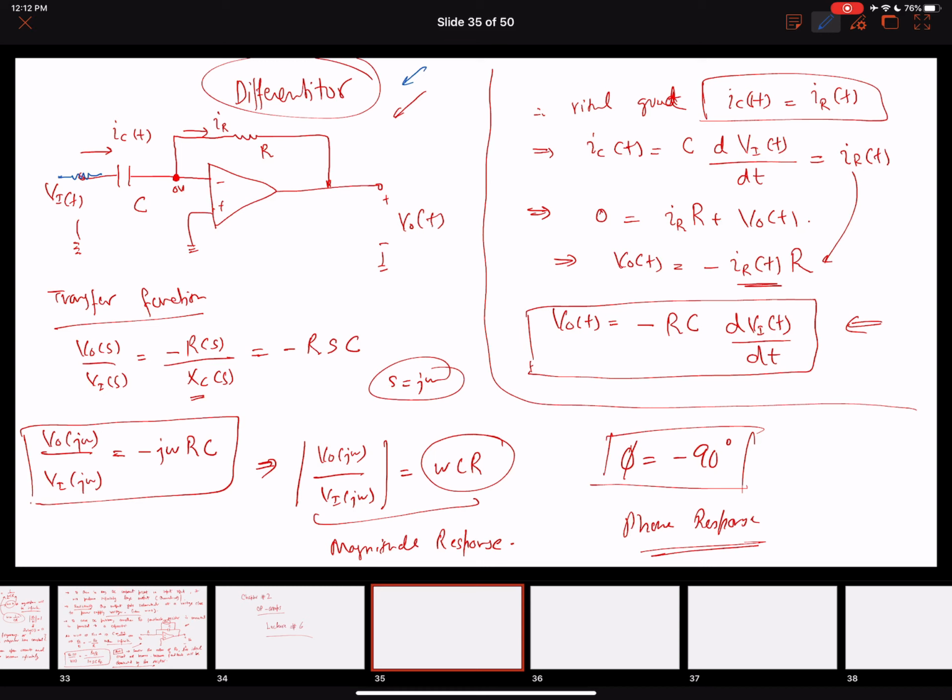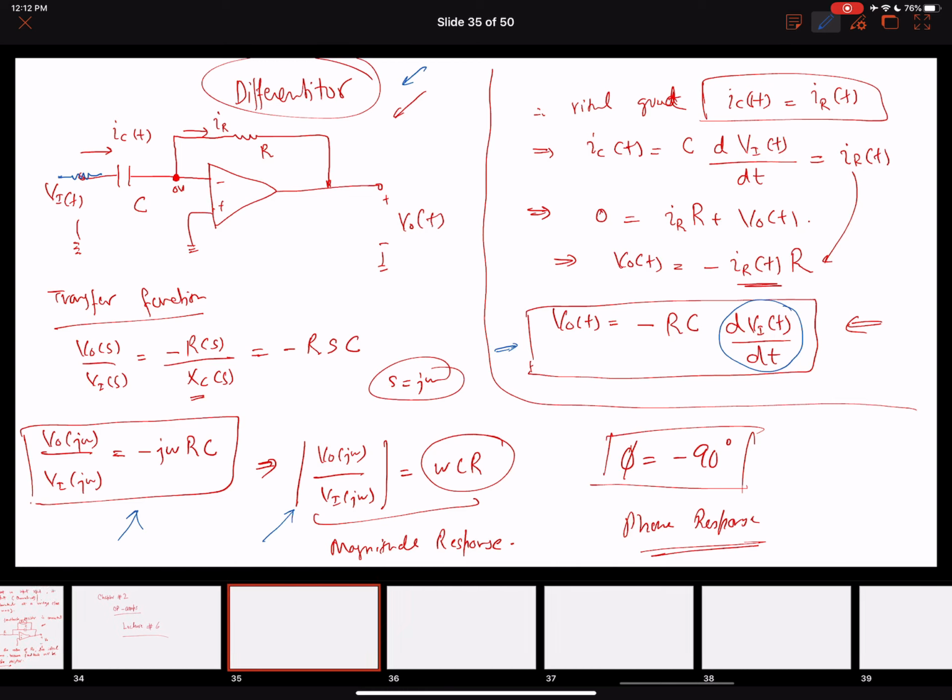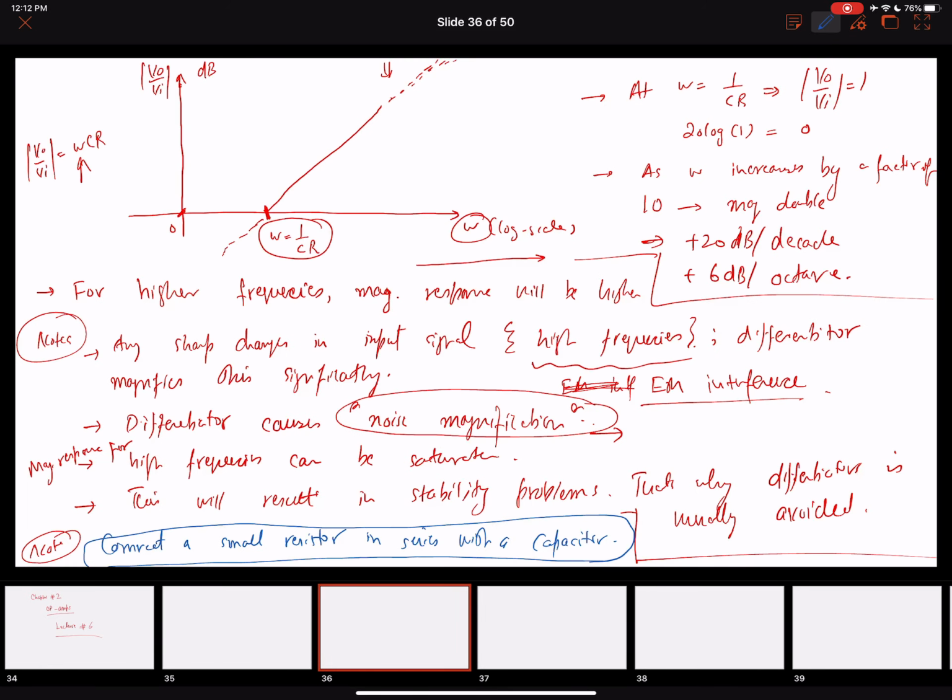We found this equation, in which we saw that this circuit does time domain differentiation of our input signal Vi of t. We also found the transfer function and the magnitude and phase response of this differentiator. There is one example that we want to do before we wrap up this lecture. This is a short lecture today.